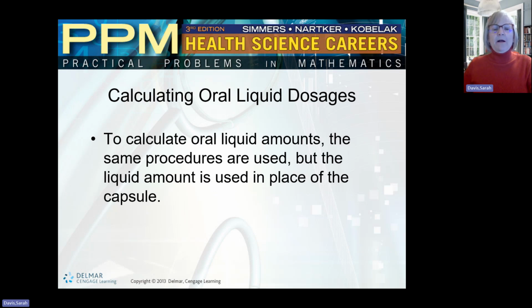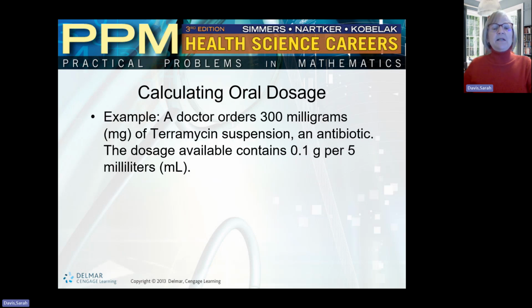So let's talk about calculating oral liquid amounts. Same procedure, but the actual unit is going to be a liquid amount, like a milliliter or a teaspoon, instead of tablet or capsule. So let's look at an example of one. This is going to be an example where a doctor orders 300 milligrams of terramycin suspension. It's an antibiotic.